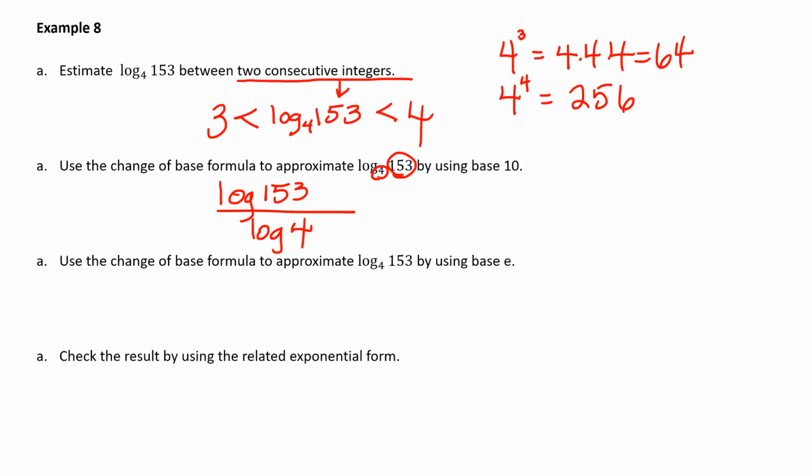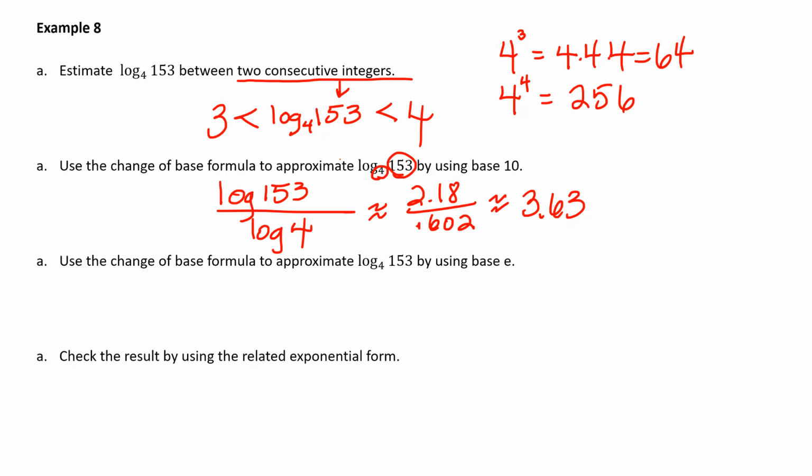So I can punch that into my calculator because common logs are on there. And I would find out that log 153 is about 2.18, and then log of 4 is about 0.602, which gives about 3.63. So that is right between 3 and 4.